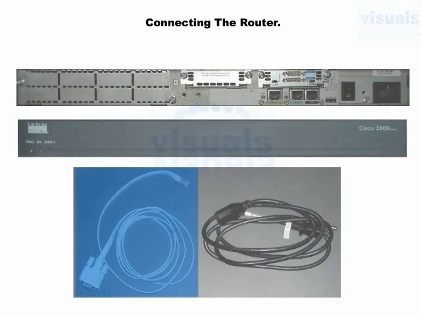You plug the RJ45 side of your cable into this console port, and the other side of that cable into your PC's serial port. This is your auxiliary port, and this is the power button you just switch on and off for your router. This is the power cord.